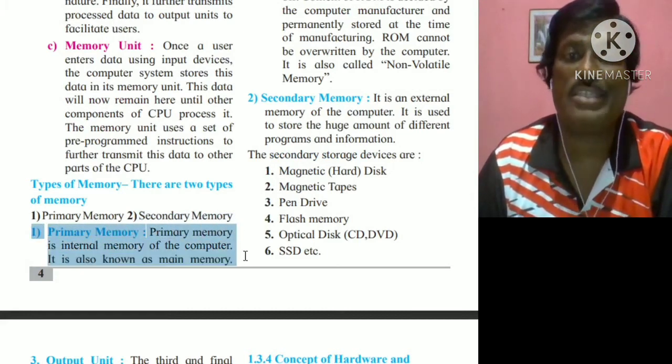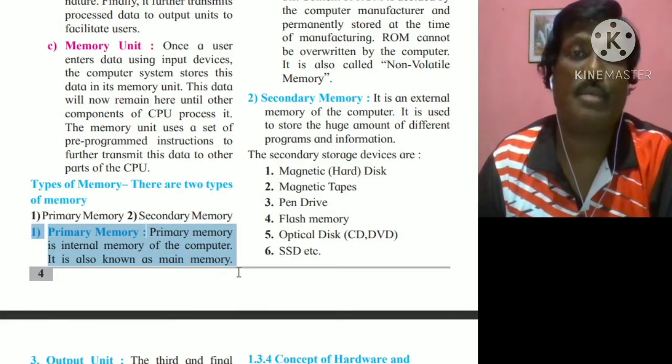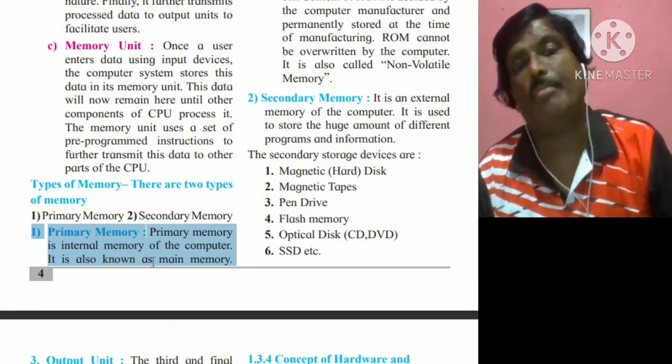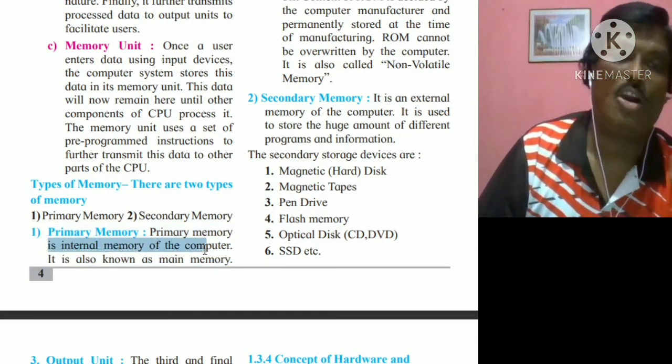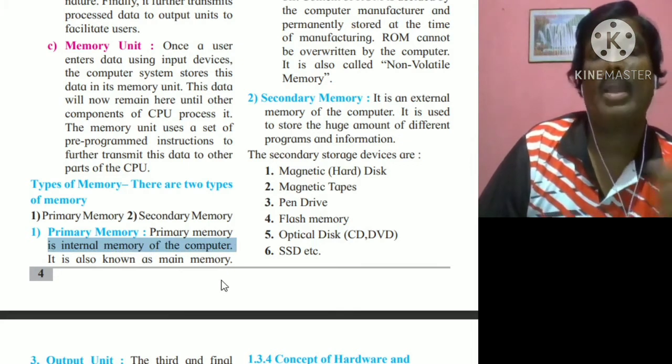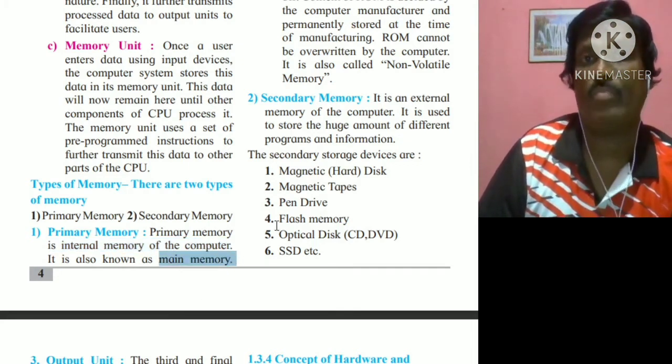Okay. Now see the first, primary memory. Primary memory is internal memory of the computer. It is also known as main memory. Now you have to remember this thing. Primary memory is internal memory of the computer, and it is also known as main memory.